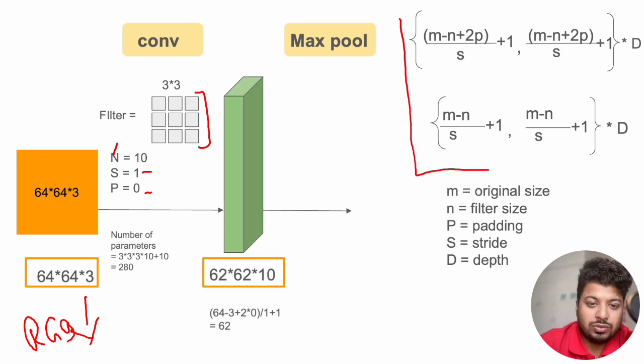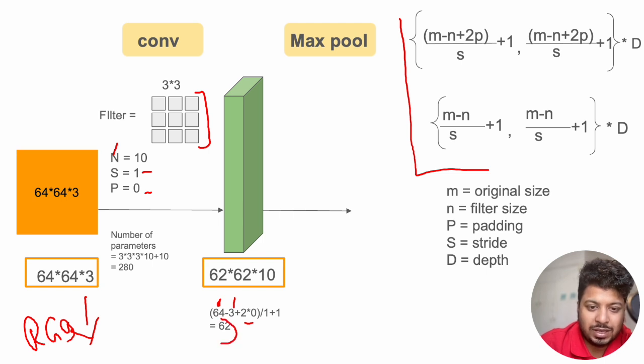Now to know the actual size after this convolutional operation, let's apply our formula, which is (M minus N plus 2P) divided by S, plus 1. Here our M is 64. And our N is 3, which is our kernel size 3 cross 3, plus 2 into 0, because our padding is 0, divided by 1 because our stride is 1, plus 1, which is equal to 62.